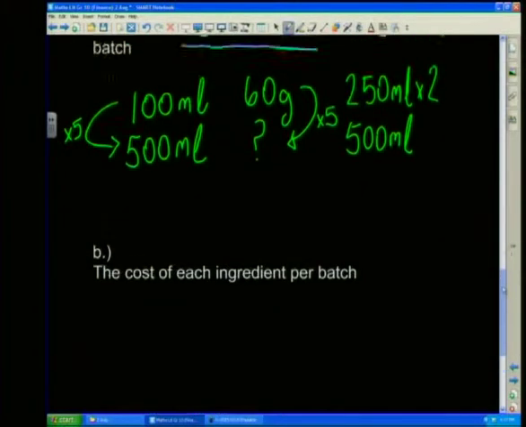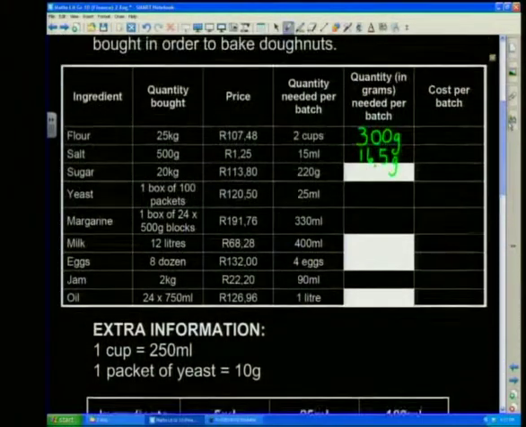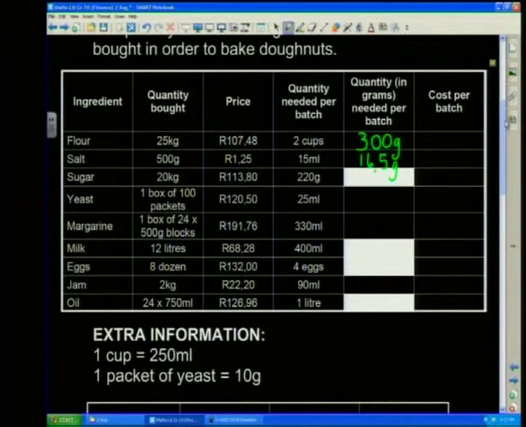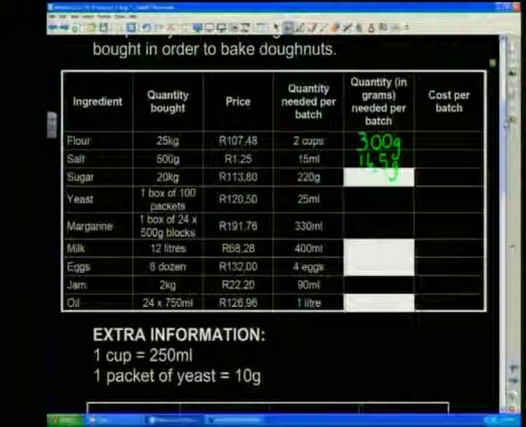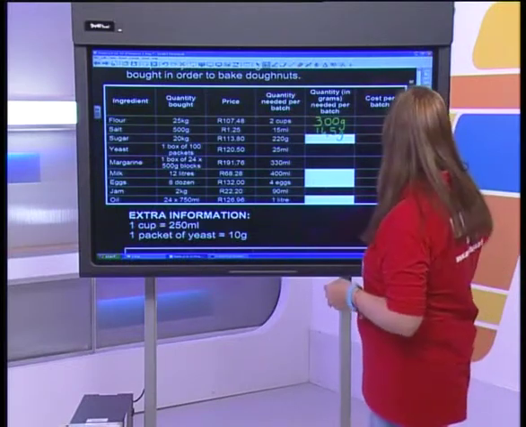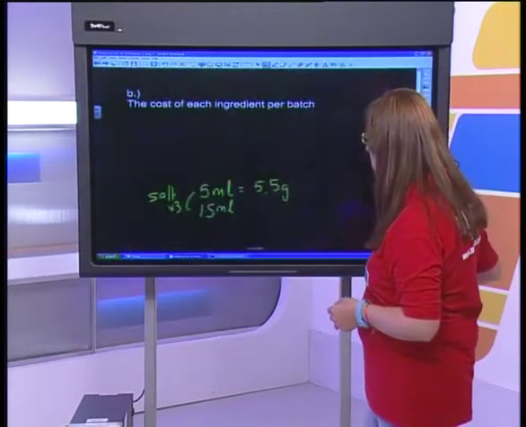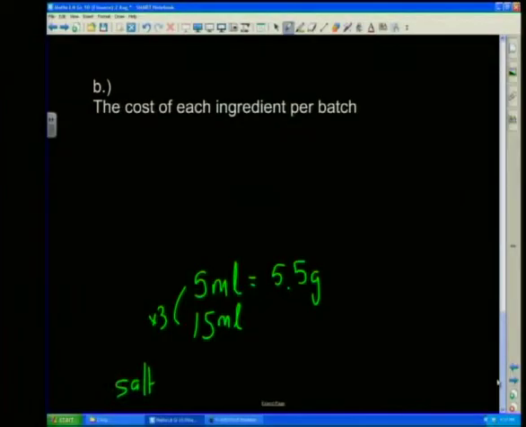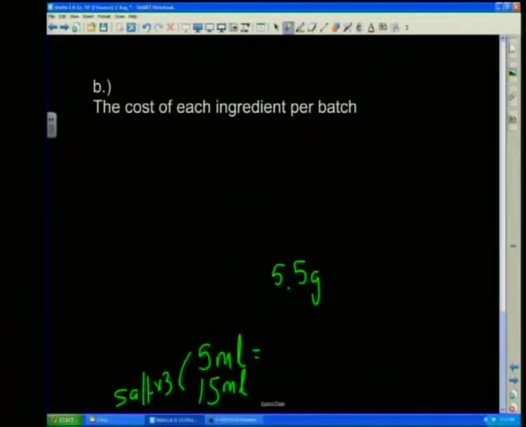So let's go back to our table and let's work on flour. Flour, we bought 25 kilograms for 107 Rand 48. And we only need 300 grams. So we need to work out the cost of that flour. Let's write that out as a ratio. I'm actually going to move this down if I can. Right.